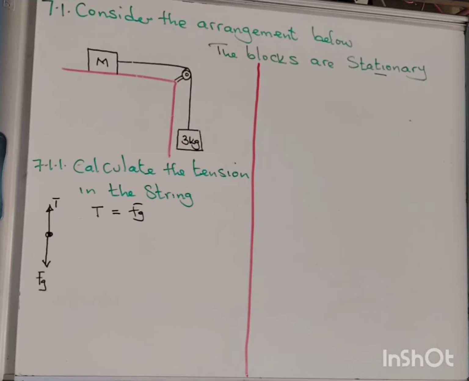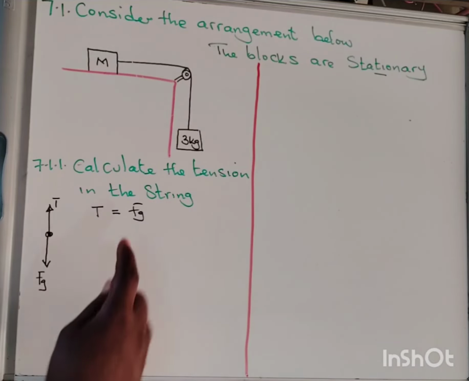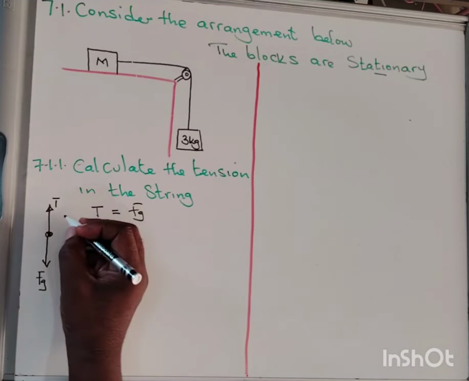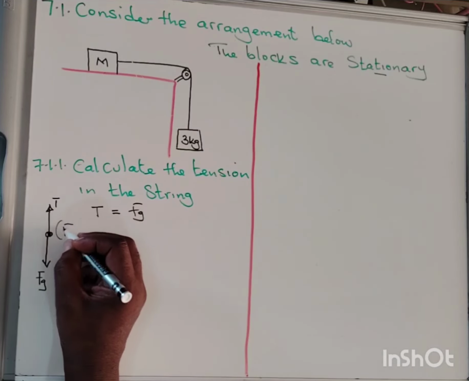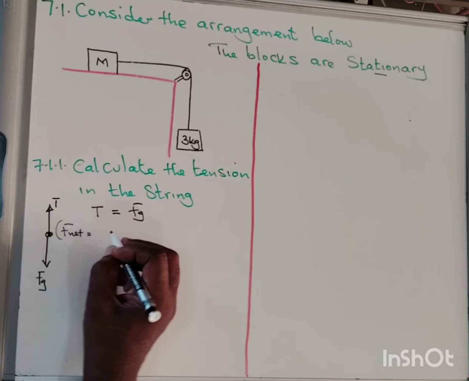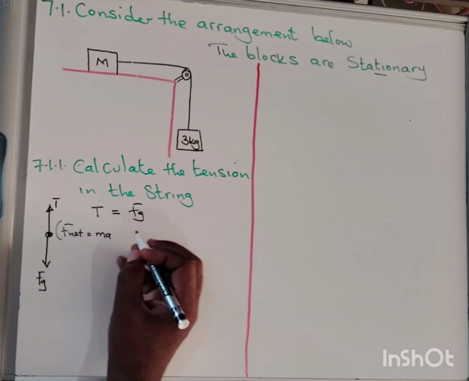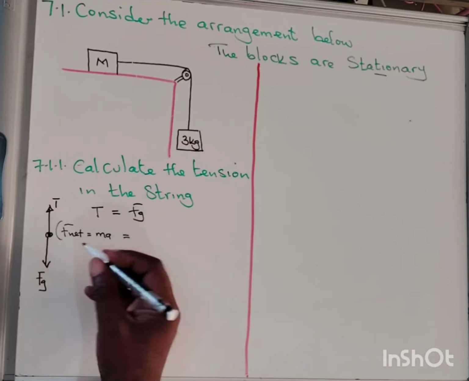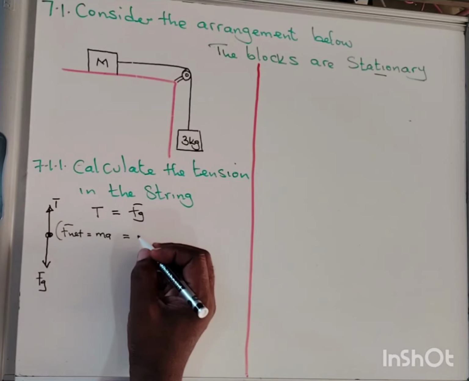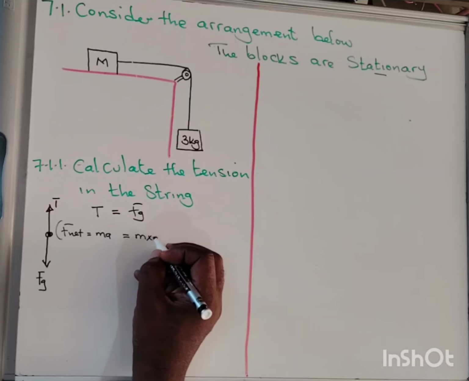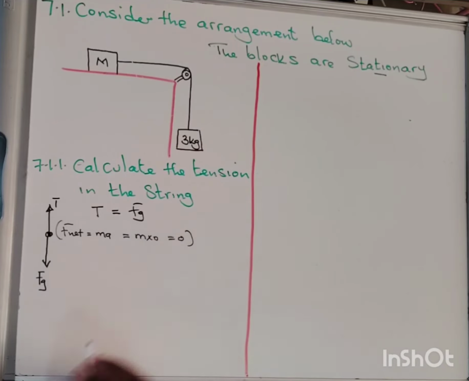Or you can use Newton's second law. What does it say? F net is equal to ma, and remember stationary means acceleration is 0, so it's going to be m times 0, which is 0. So F net is 0.